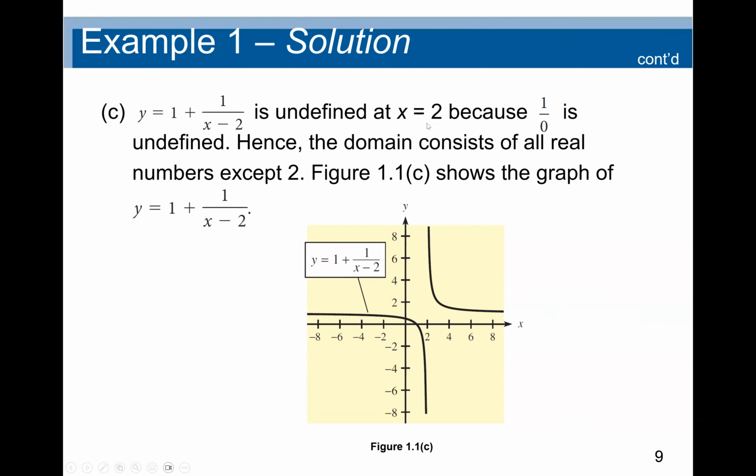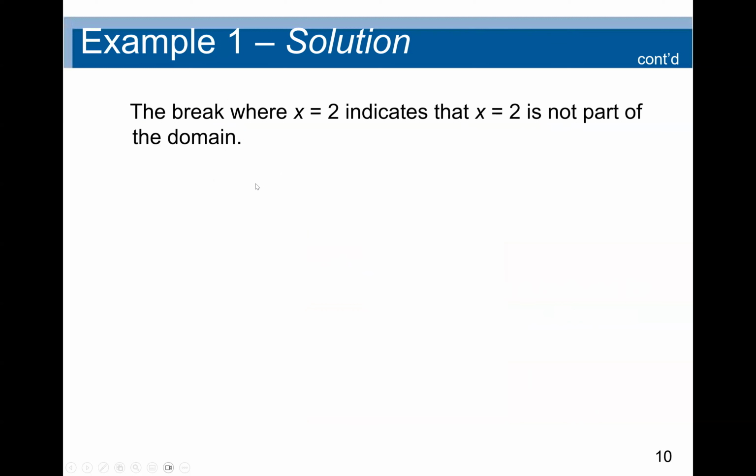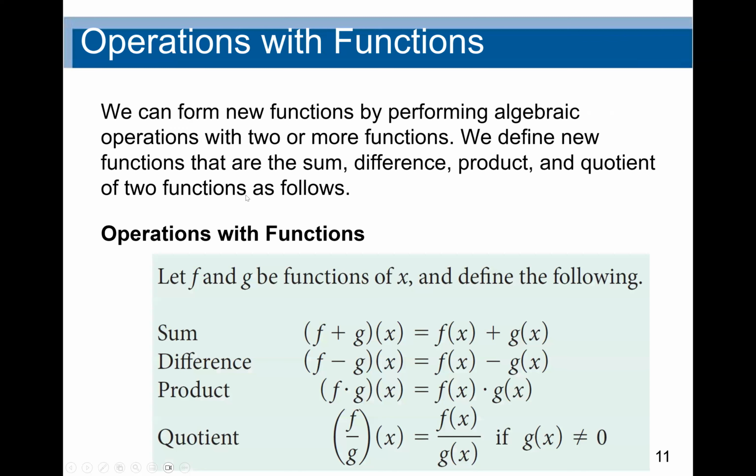It's undefined at x equal to 2 because 1 over 0 is undefined. So this means the domain can be any value except positive 2. The break at x equal to 2 indicates that x equal to 2 is not part of the domain. So it can be any value except 2.